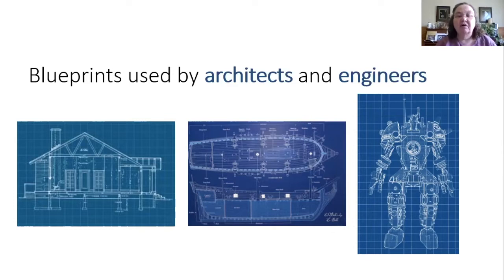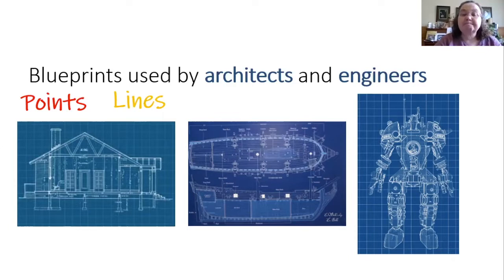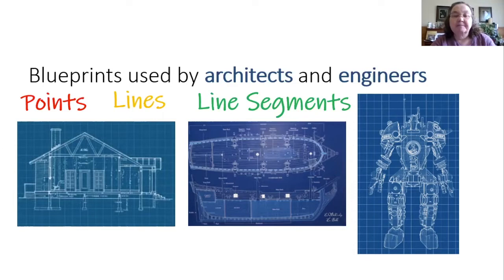And so these are called blueprints. And when I'm looking at them, do you see what we've been talking about this week? Do you see lines? I see lots of lines. Do you see some points? How about some line segments? How about some rays? And how about some angles?